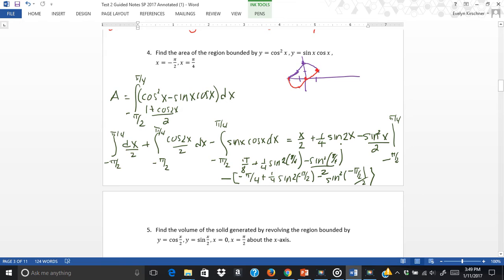And if I work all that out, the final answer is 3 pi over 8 plus 1/2. But you should do the math and make sure you get that.